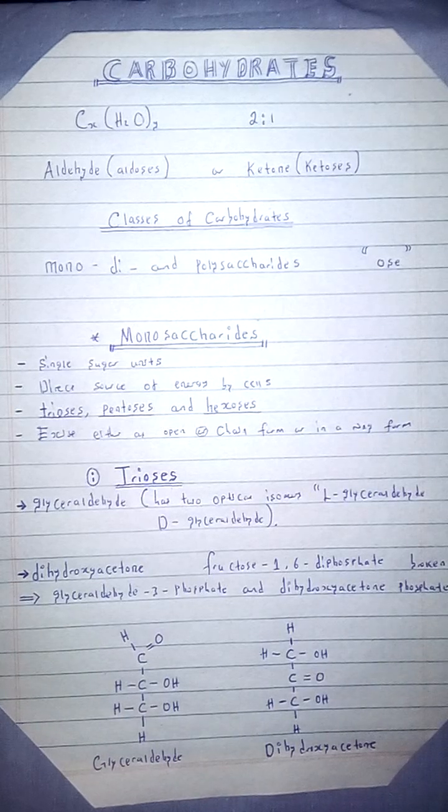It's simply the location of the carbonyl group. The carbonyl group in the hydroxyacetone is not at the terminal end, but for this one, it's at the terminal end. And this one is easily oxidized compared to this one.